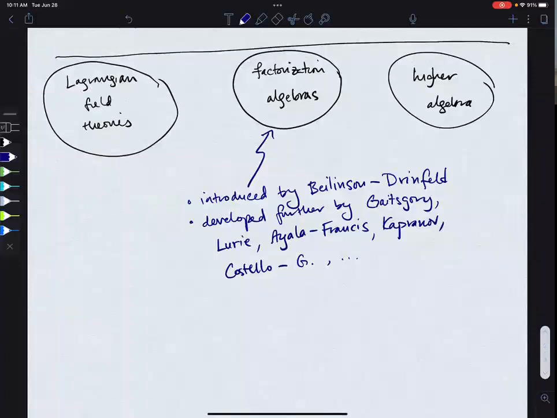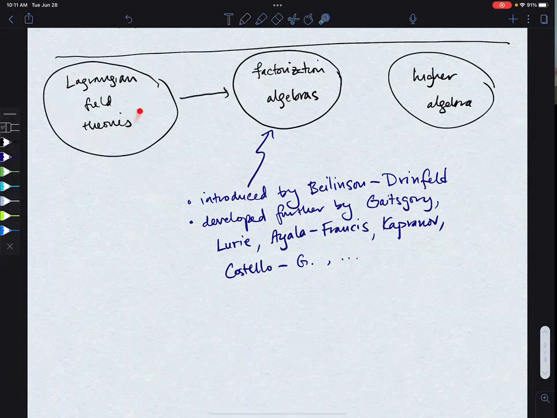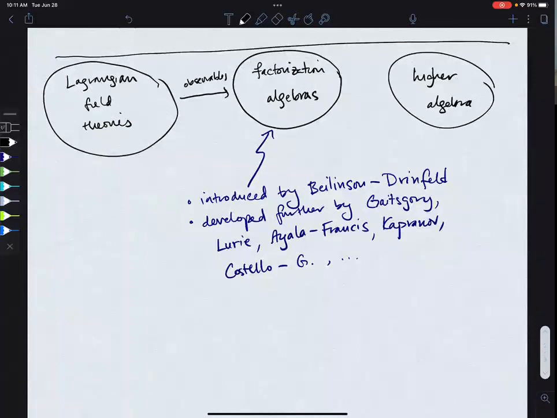What Kevin and I show, in one precise sense, and you have to narrow down what you mean here, which I'll talk about in just a moment, is that if you take the observables of a field theory, then it produces a factorization algebra. I would claim that this happens quite generally. Kasia and I have been exploring it in the setting of Lorentzian field theory, say for perturbative AQFT.